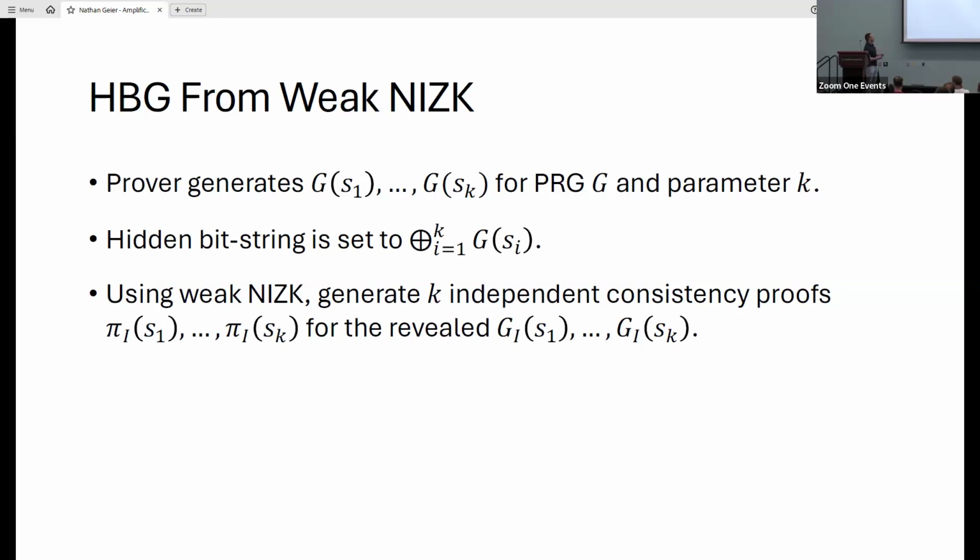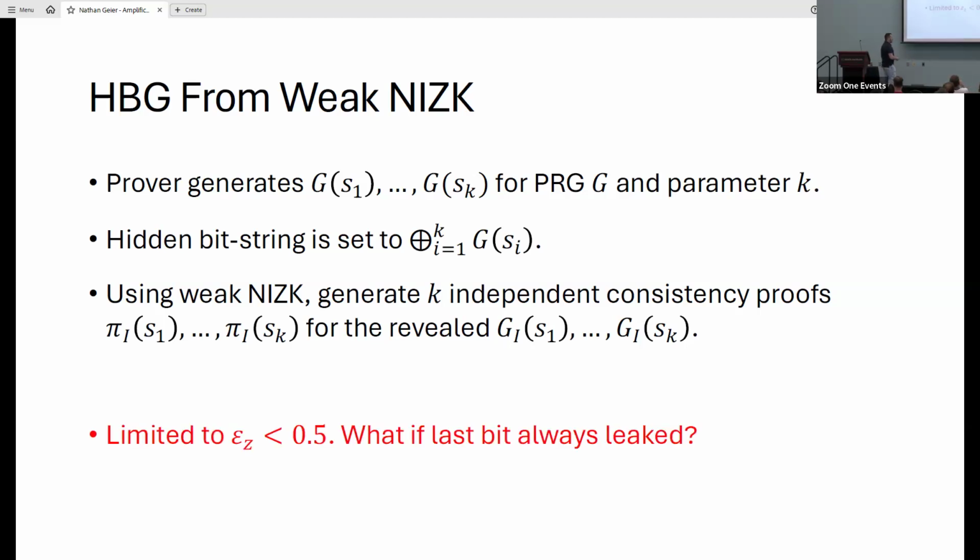So this approach somewhat works in the sense that for some parameters, it does amplify zero knowledge, maybe not as fast as we hope, but it does amplify. But for some parameters, you don't get any amplification at all. For example, if the weak NIZC always leaks the last bit of the PRG, then no matter how many times you take the XOR, it's not going to help you at all.